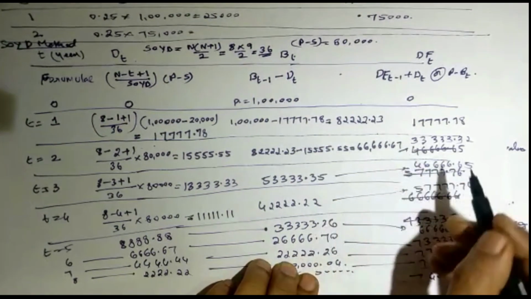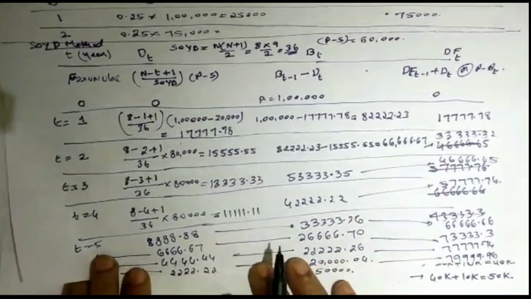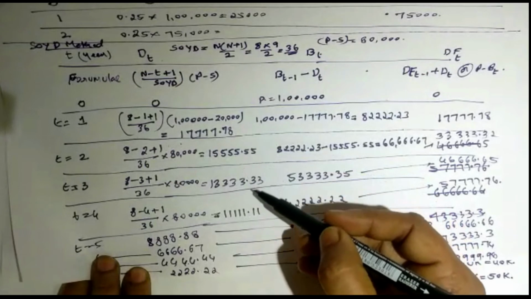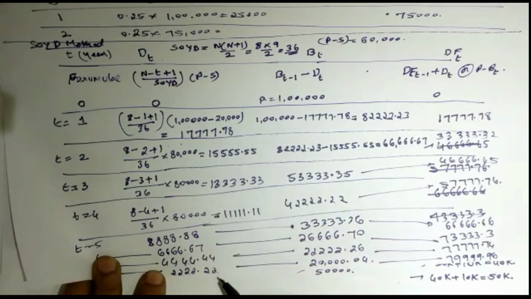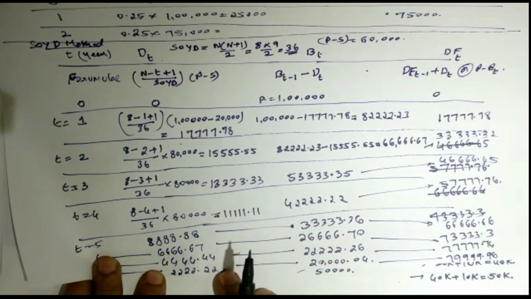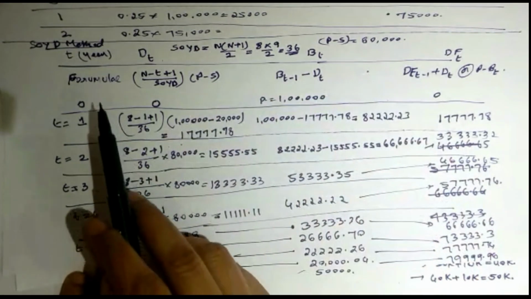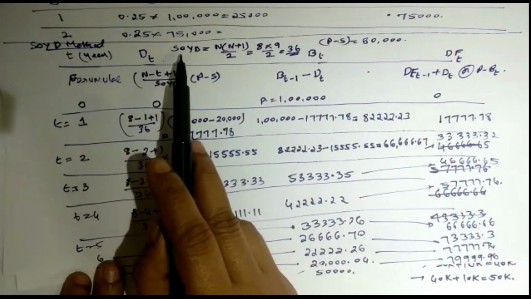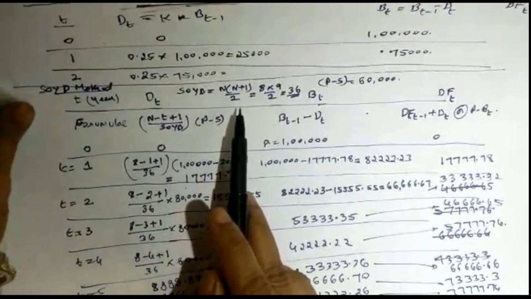So this is also a method. This method is also called accelerated method, because in the beginning you have a large depreciation amount, which reduces over a period of time and will be minimum at the end. In table form, if you consider only these formulae, first you calculate how much is SOYD, n into n plus 1 divided by 2.